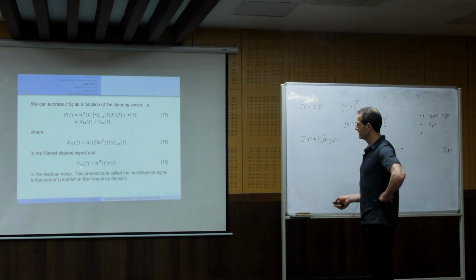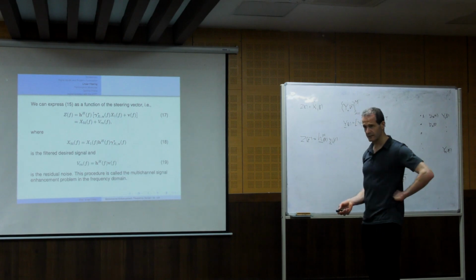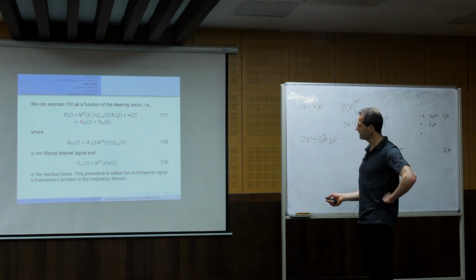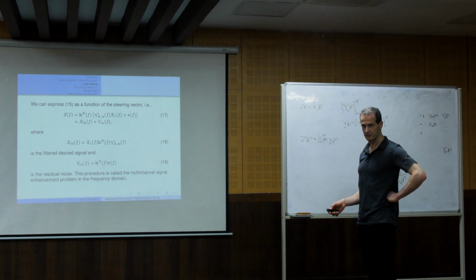And the residual noise at the output of the filter is H conjugate transpose multiplied with V, with the noise that is measured. So this is the residual noise. So if I ask you what is the output SNR, the output SNR is the variance of the filtered desired signal divided by the variance of the residual noise.